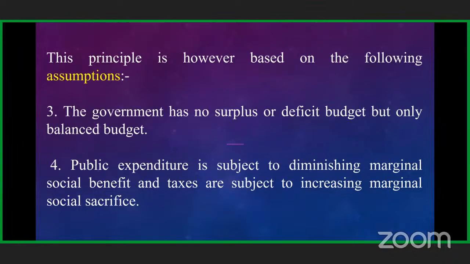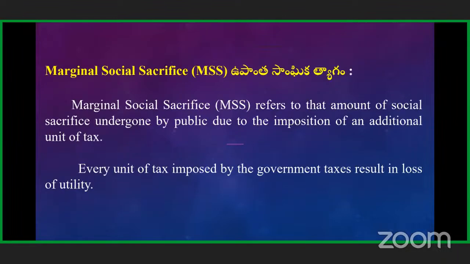There is a proportional or positive relation, so the marginal social sacrifice curve has a positive slope. When these two curves intersect each other, it is known as the equilibrium point. At this equilibrium point, the economy will be at the maximum social advantage state.